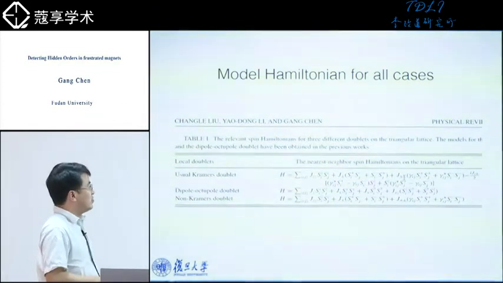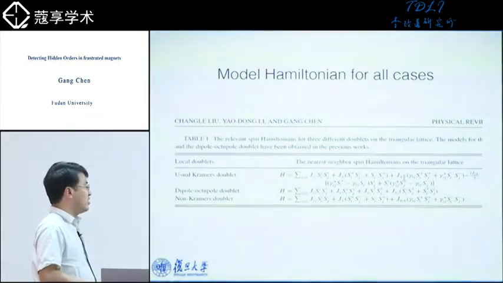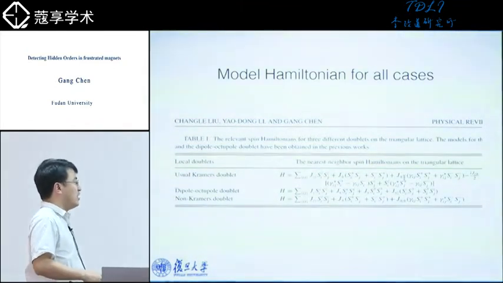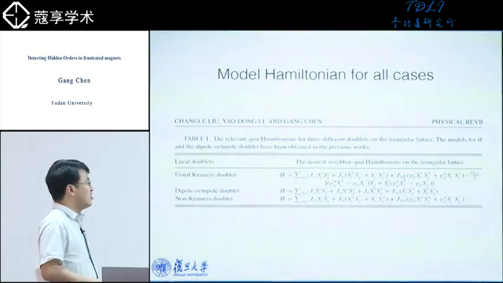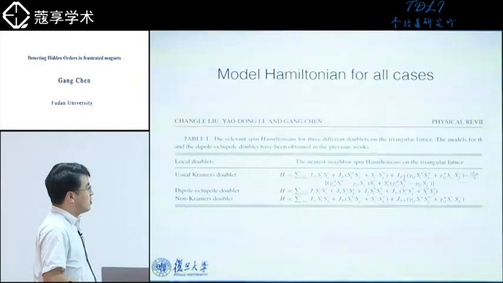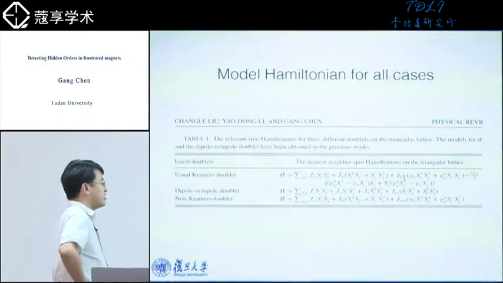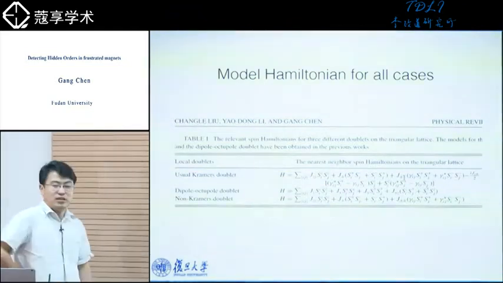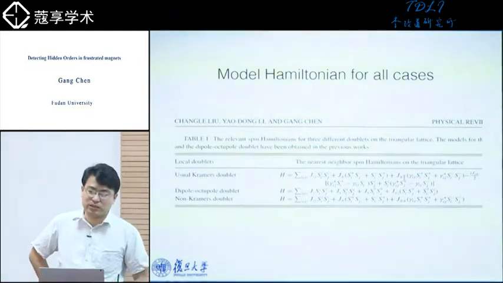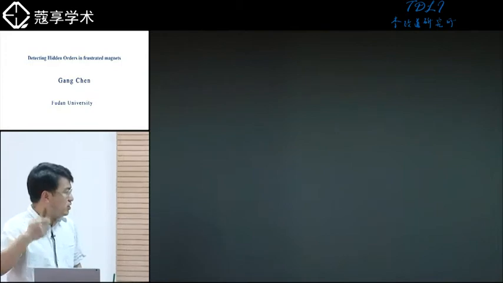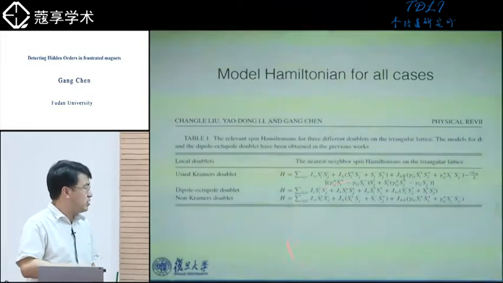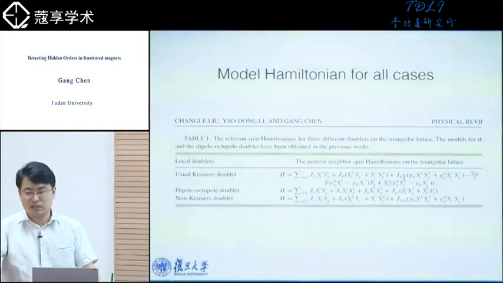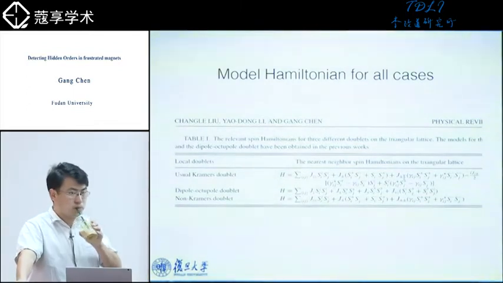So Chang, Liu, and me and Yao Dong, we wrote down a full table that lists all possible relevant spin Hamiltonians for the local moment physics governing the magnetism in the rare earth triangle lattice system. This table illustrates a complete modeling of the interaction.